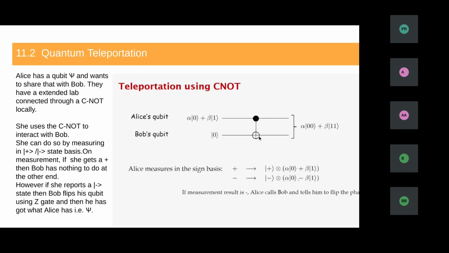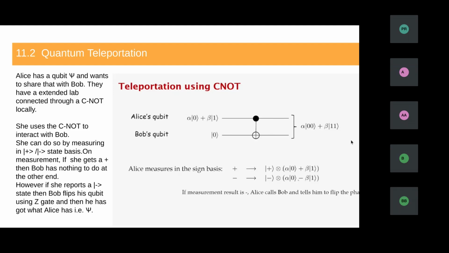This is an exclusive OR, you can call it unitary XOR or C naught, which is nothing but flipping the bit. So it flips the bit, and this is an entangled state. This is maximally entangled. For 2 qubits, if you have 00 plus 11, that is a maximally entangled state. There are 4 of them: you call them phi plus, phi minus, psi plus, psi minus.